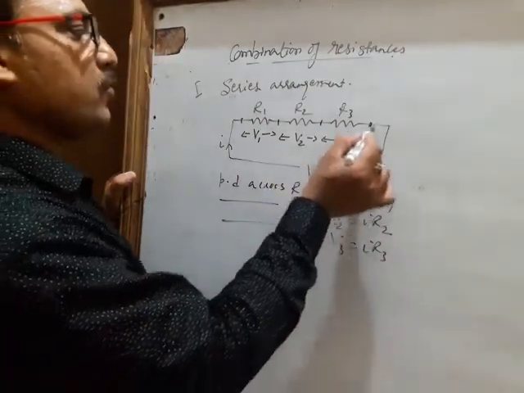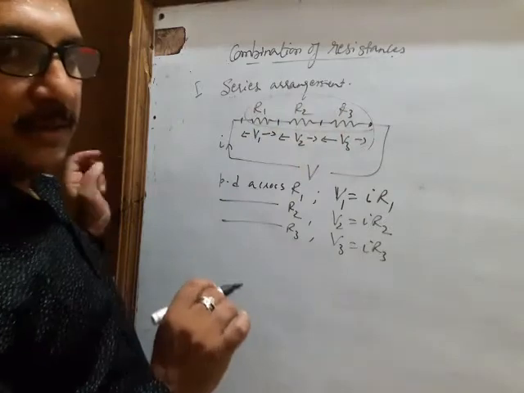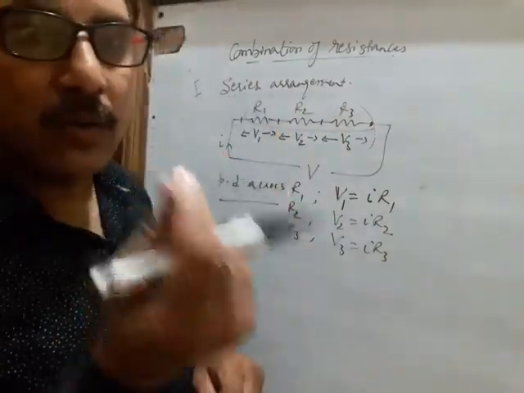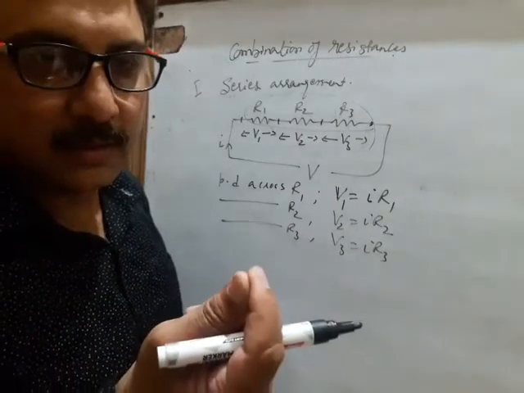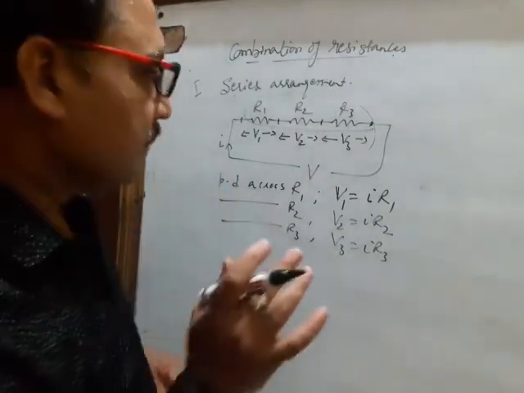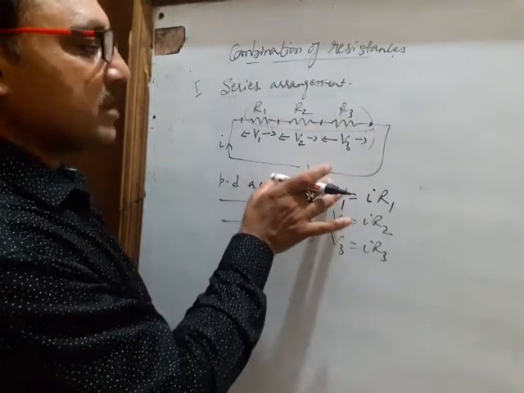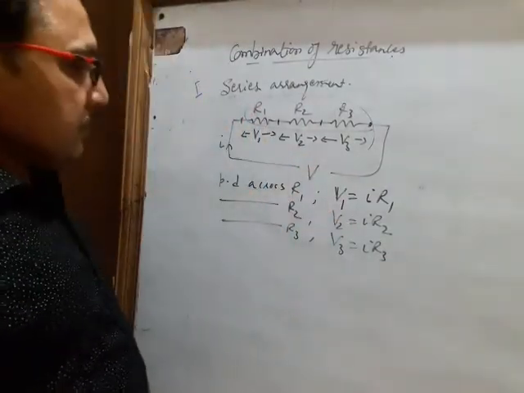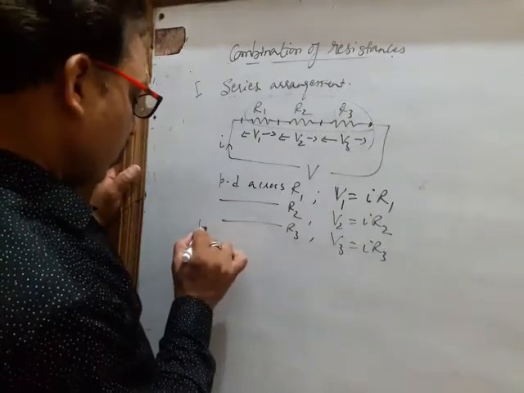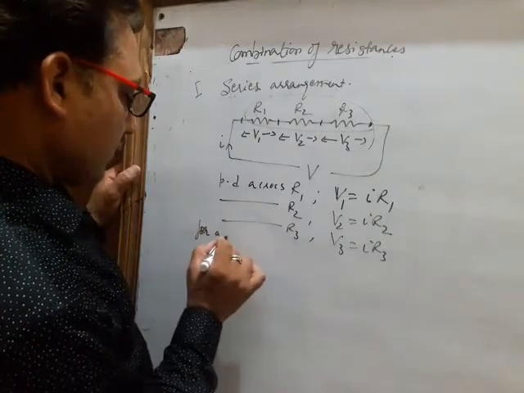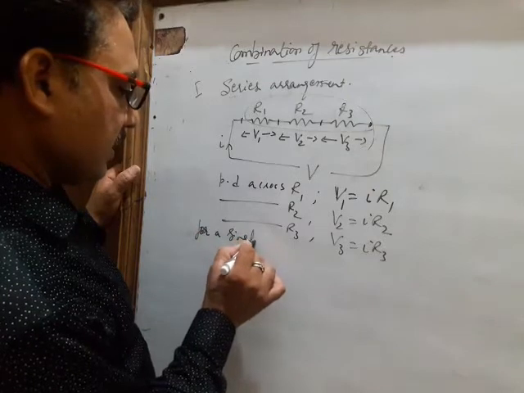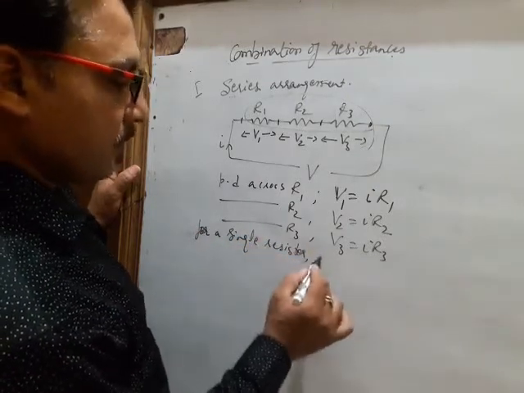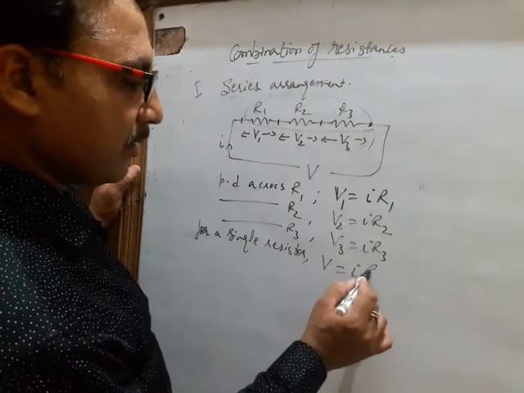Now suppose I want to replace all these three resistors. In place of these three, I want to use one resistor which can do the same work, across which the potential difference will be V and the same current I will flow. For a single resistor, V equal to IR.